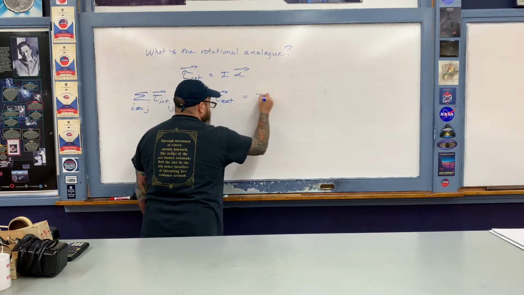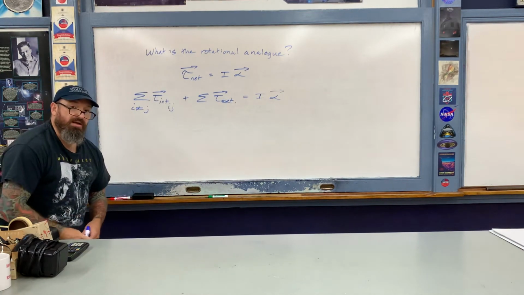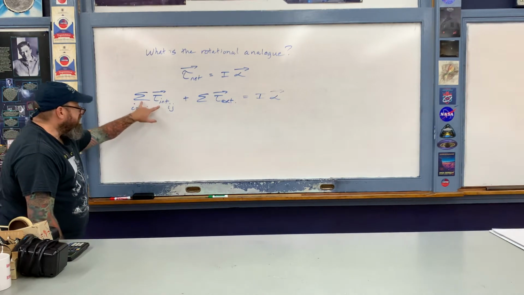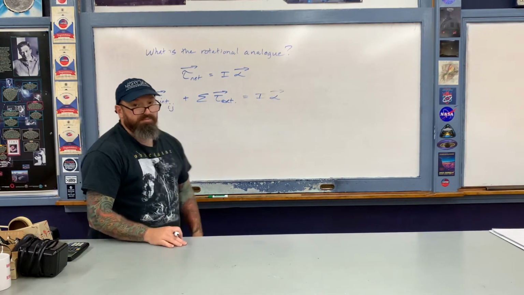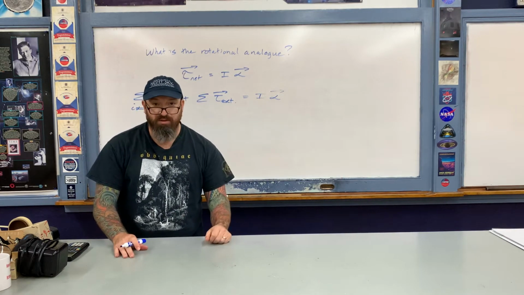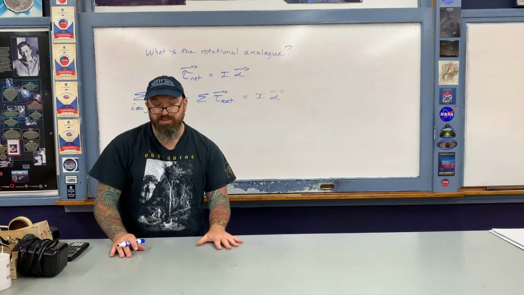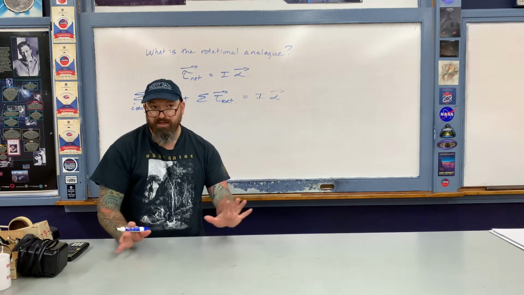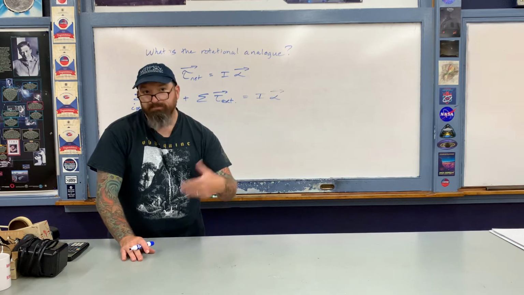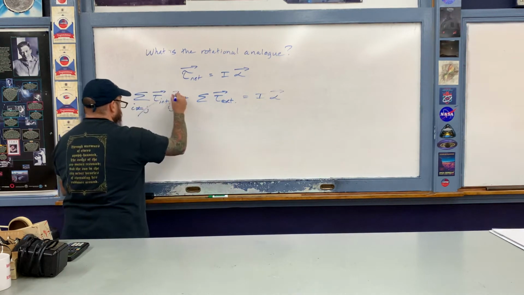This then results in the following quantity. Now just focusing in here on the left-hand side of the expression, the sum of the internal torques that occur between the objects that make up a system is equal to 0. Once again, simply by Newton's third law, the force vectors are equal in magnitude and in opposite directions. So then therefore, if you simply add up the force vectors, you end up with 0. Therefore, the sum of the internal torques is equal to 0. So this is 0 by Newton's third law.